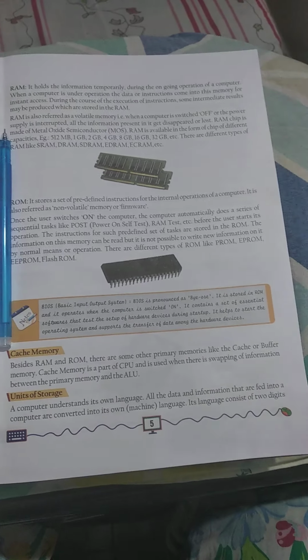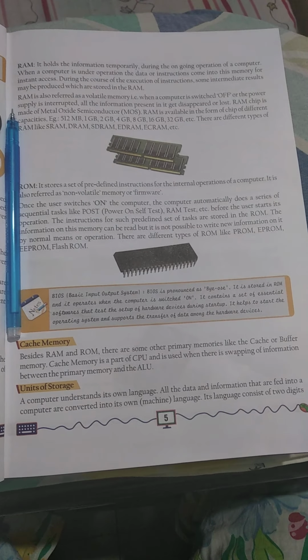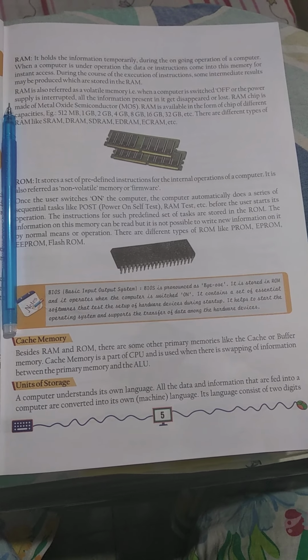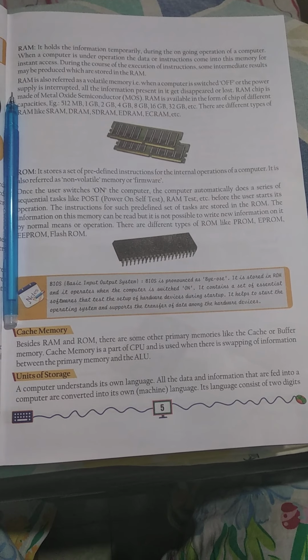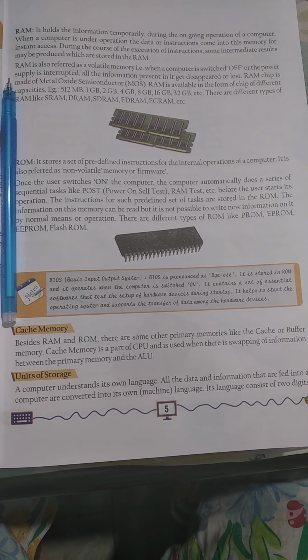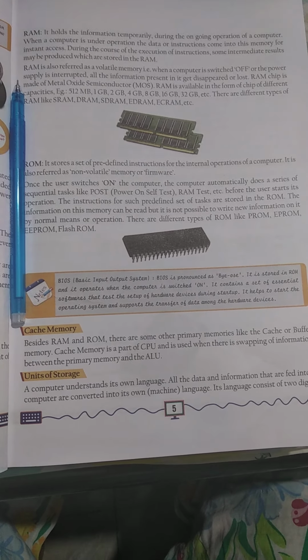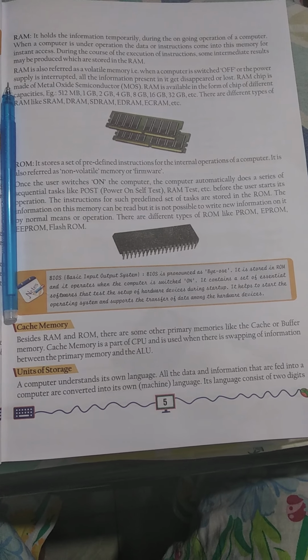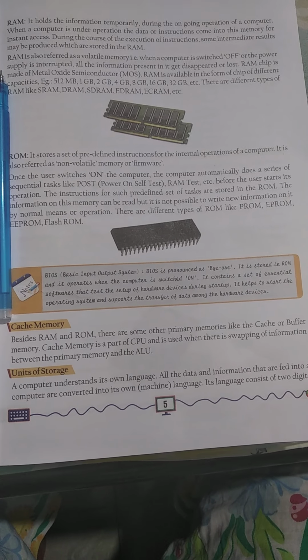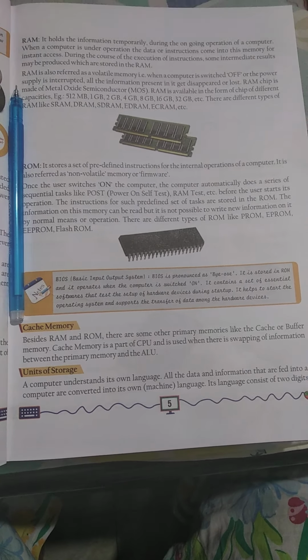Children, you must have studied in your earlier classes that the CPU consists of three parts: the central processing unit, the arithmetical and logical unit, and the memory unit.